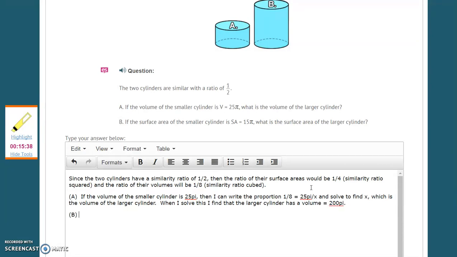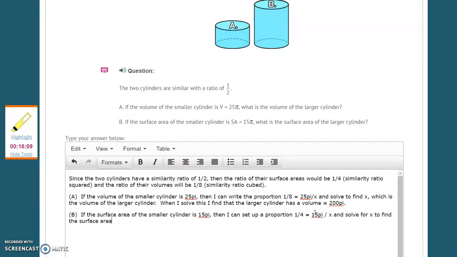Part B, this is about surface area. So if the surface area of the smaller cylinder is 15 pi, then I can set up a proportion 1 over 4, because remember the surface area ratio we just set up here was 1/4. 1 over 4 equals 15 pi over x, and solve for x to find the surface area of the larger cylinder.